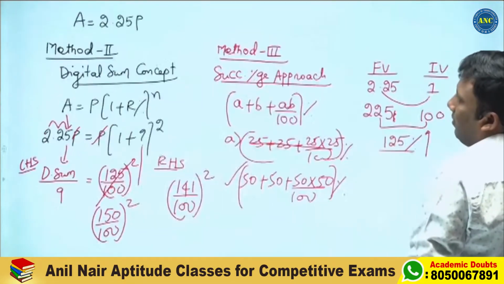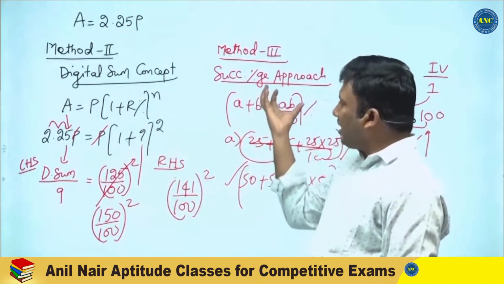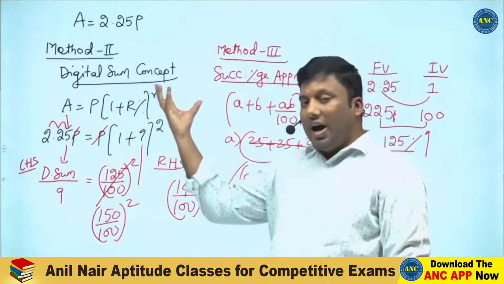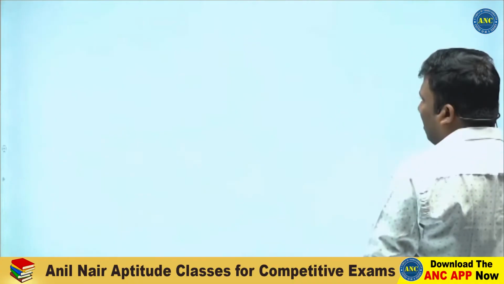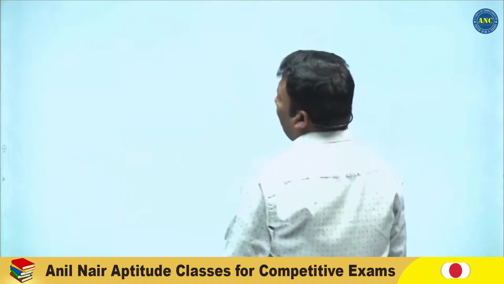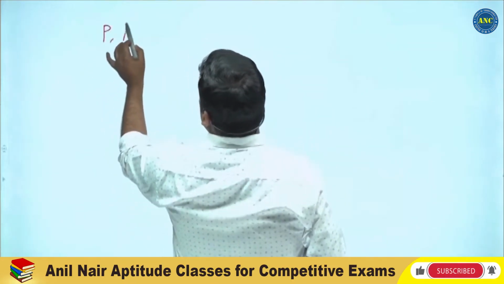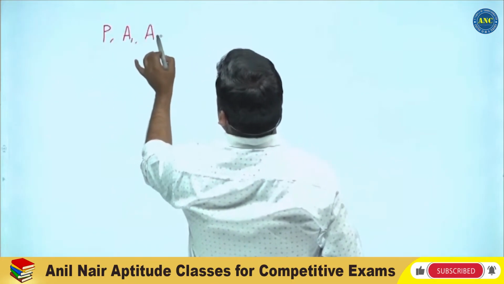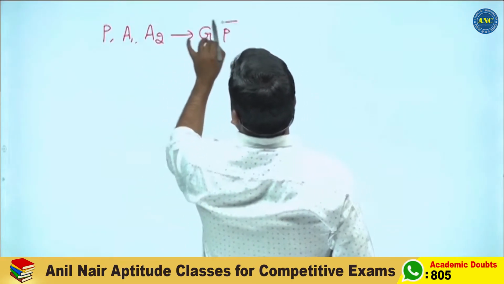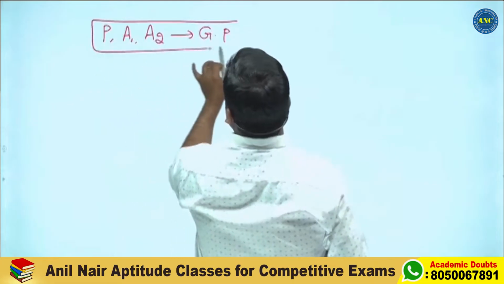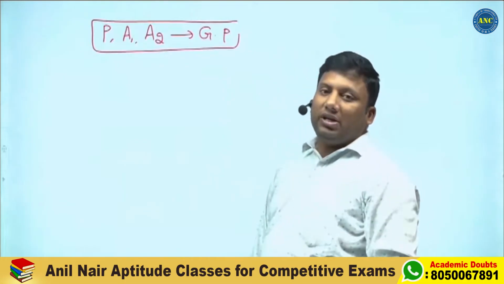Now, method 1 is digital sum, method 2 is successive percentage, and we did successive change. Now, listen carefully, sir. What did we discuss? P, A1, A2, the principal and the amounts at the end of each year, are in geometric progression.